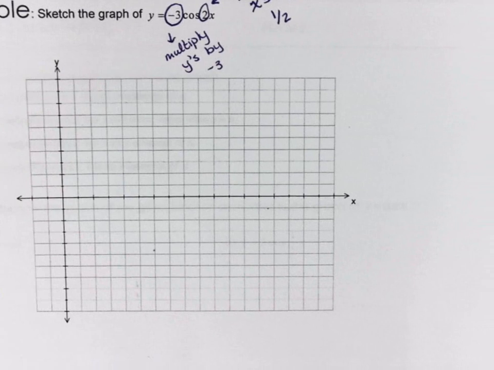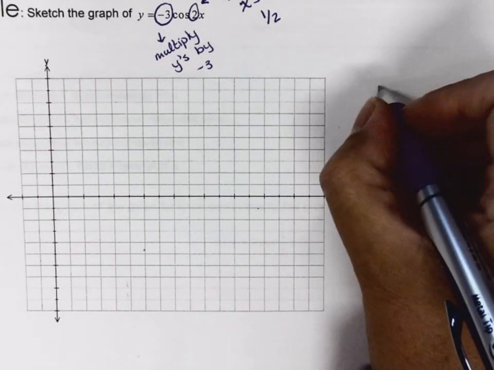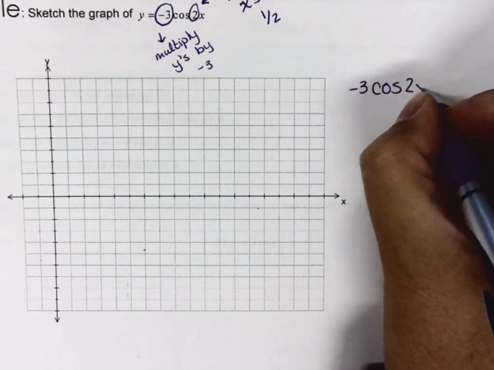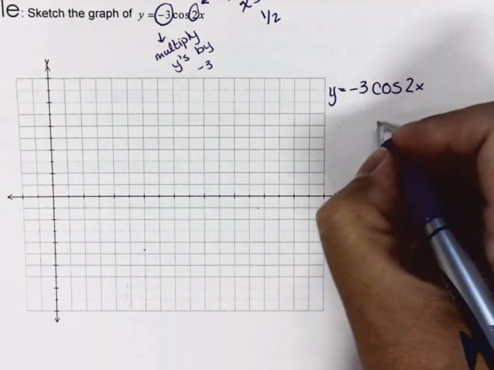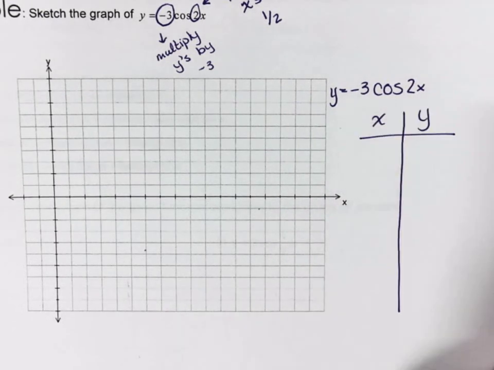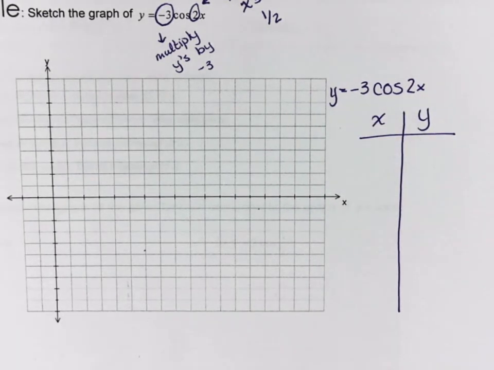So I'm going to slide over, you can't see it. I'm going to do -3 cos 2x, so y equals, I'm going to do my table of values here. So x's are being multiplied by 1/2.